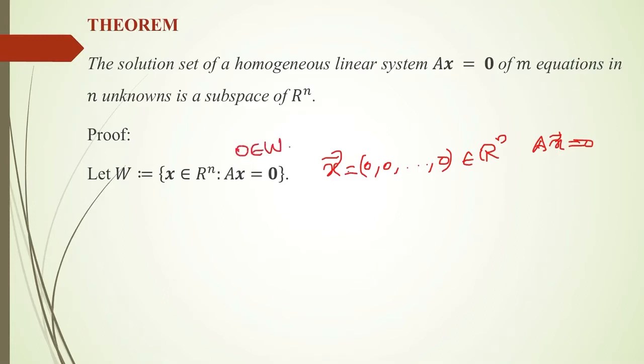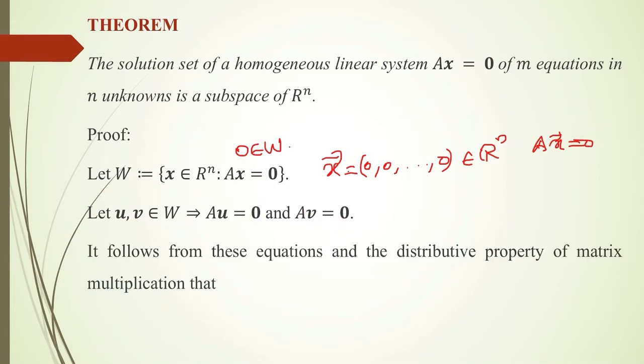So W is non-empty. Now what I have to show is that W is closed under vector addition as well as scalar multiplication. For that I am taking vectors u and v from W. Vector u is in W means Au equal to 0. Vector v is in W means Av is equal to 0.